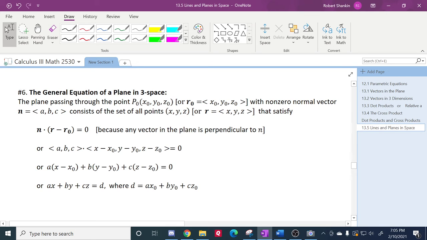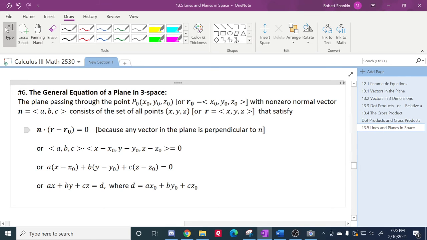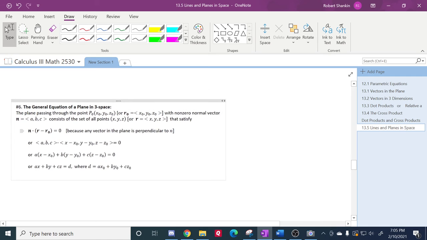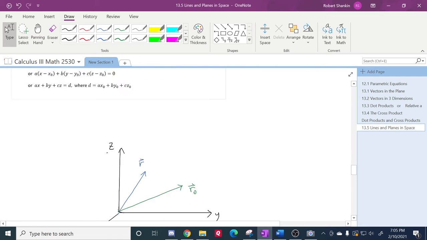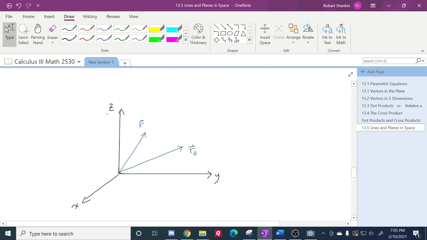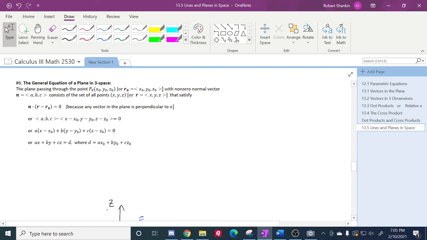Now, let me describe the visual of this n dot r minus r0, because that's what can give you the intuitive understanding here. Let's come down here. Okay. So, a point in the plane, so the point is P0, which is x0, y0, z0, or r0.